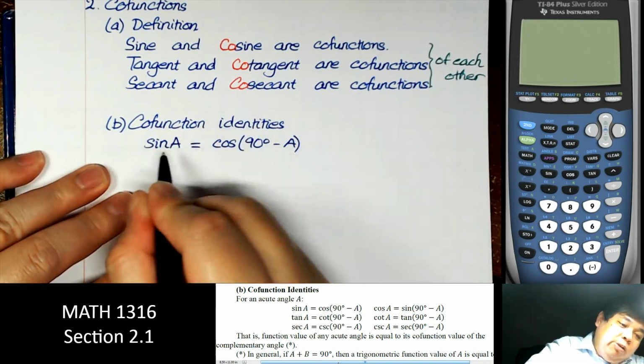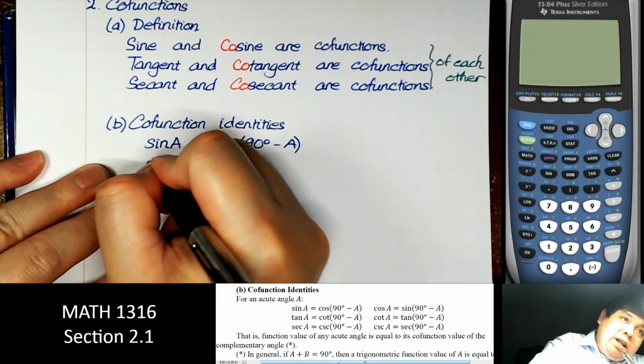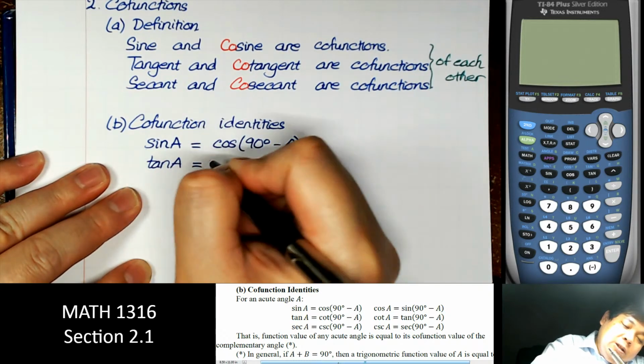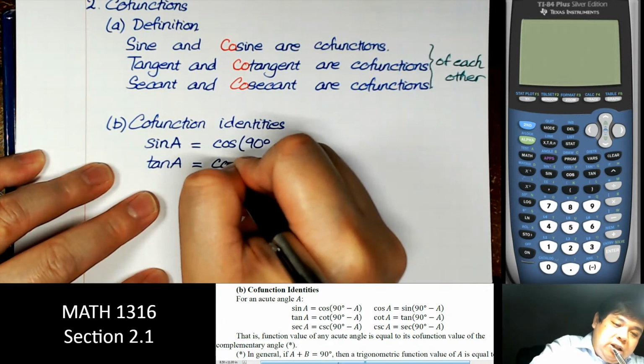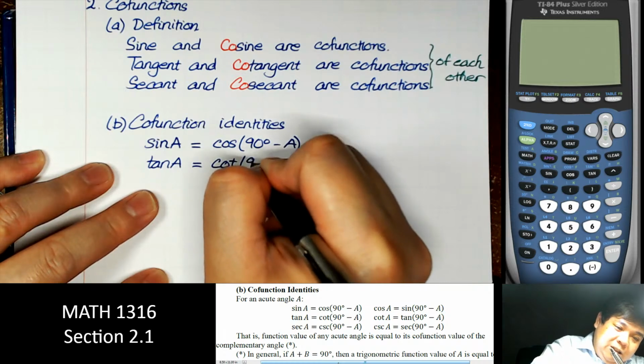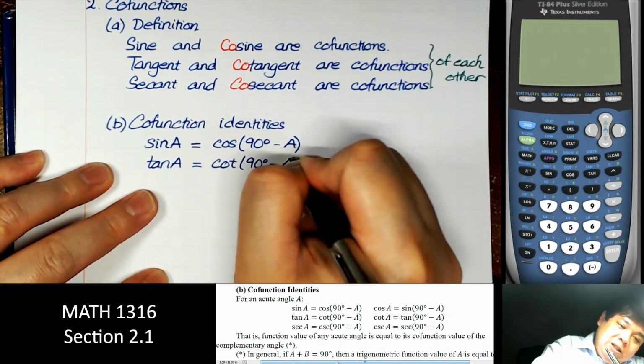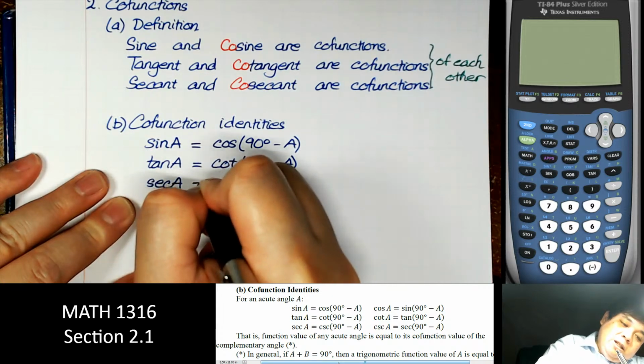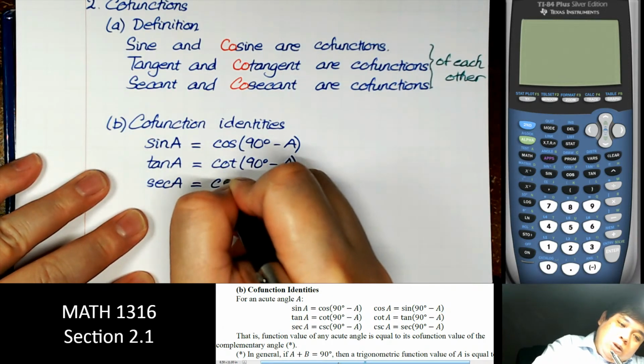We go from the function to the cofunction. Tangent, cotangent, and secant, cosecant.